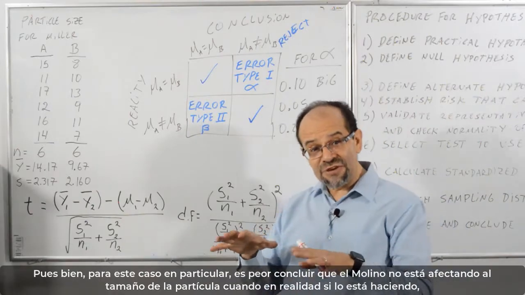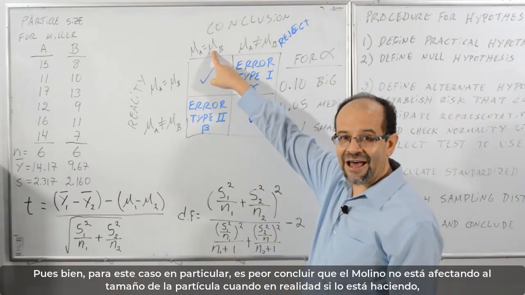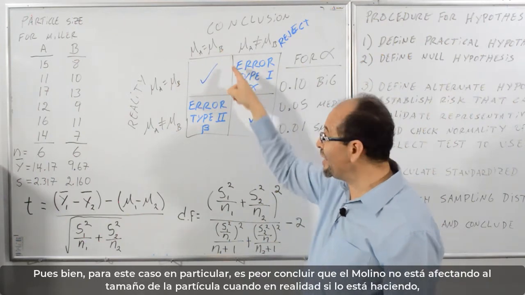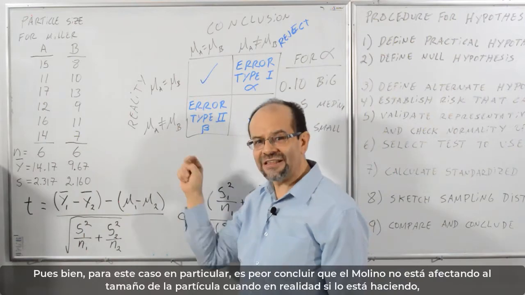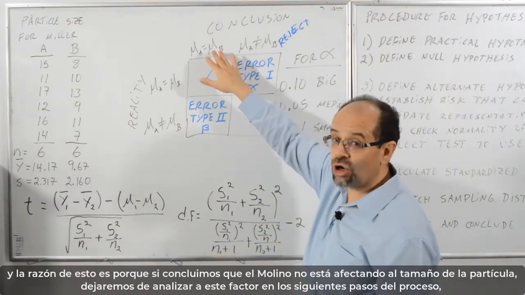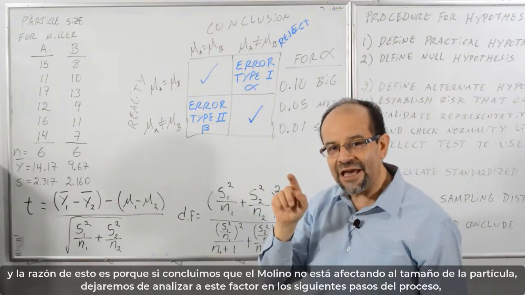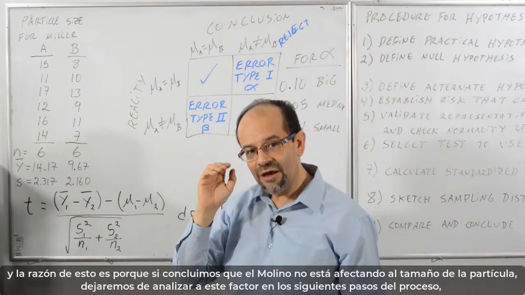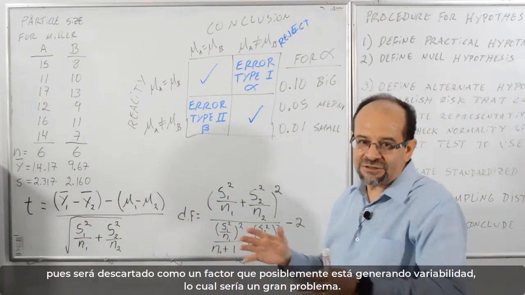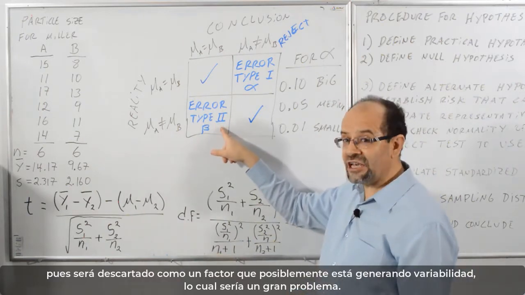Well, for this specific situation, it is worse to conclude that Miller is not affecting particle size when in reality it is affecting particle size. And the reason is that if I conclude that Miller is not affecting particle size, I won't investigate that factor in more detail, because I will discard it as one of the potential factors that is creating variability. So this is a big issue.